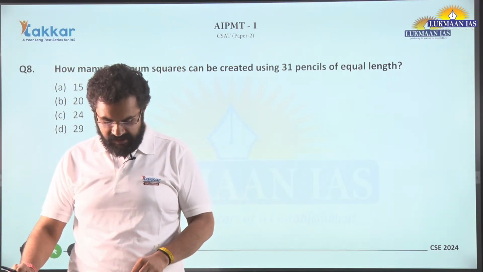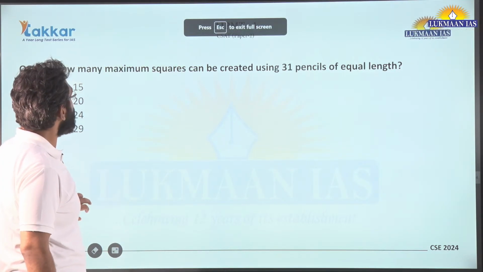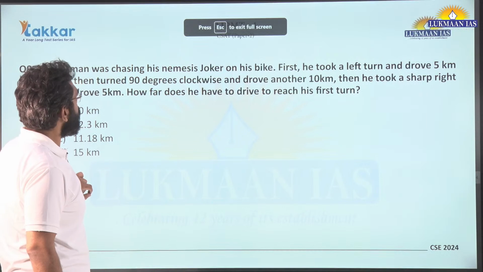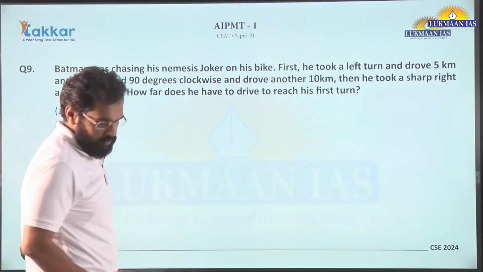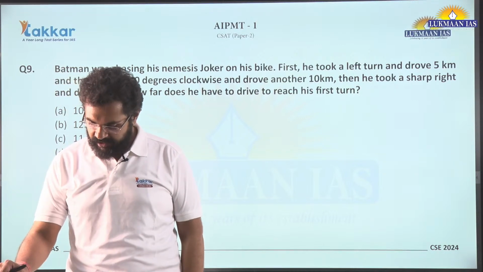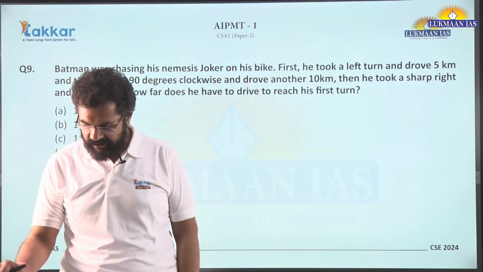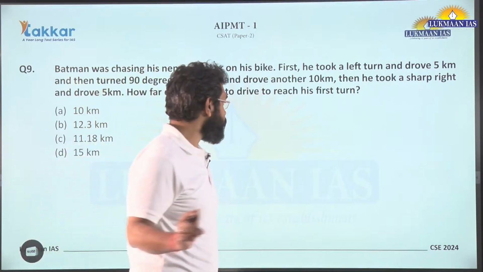Next, we'll see the Batman question. Batman was chasing his nemesis Joker on his bike. First he took a left turn and drove 5 kilometers and then turned 90-degree clockwise and drove another 10 kilometers. Let's draw.